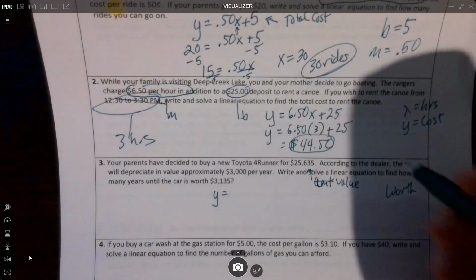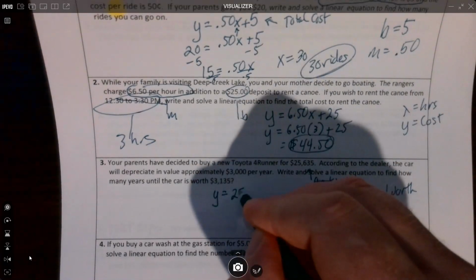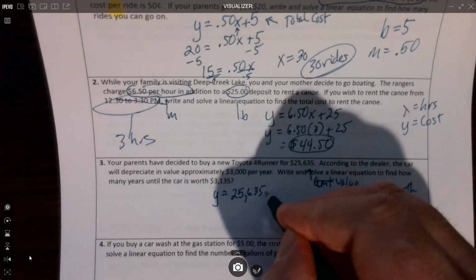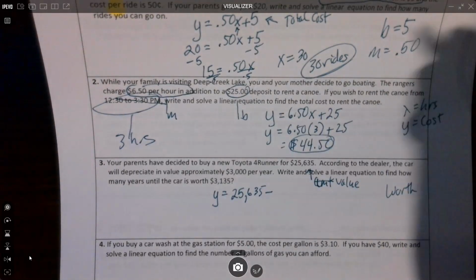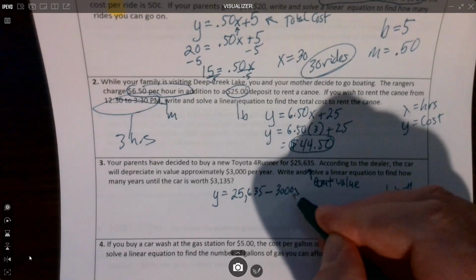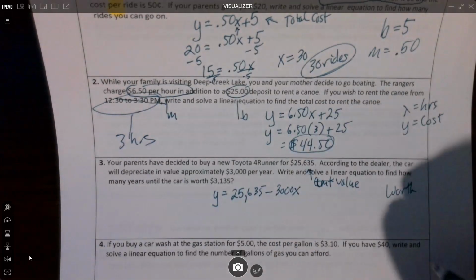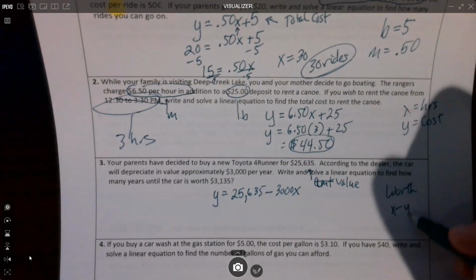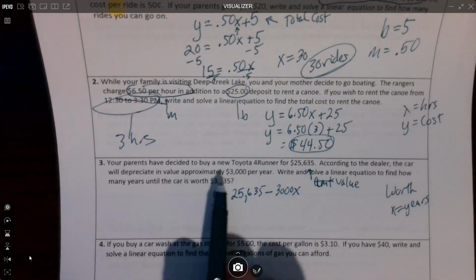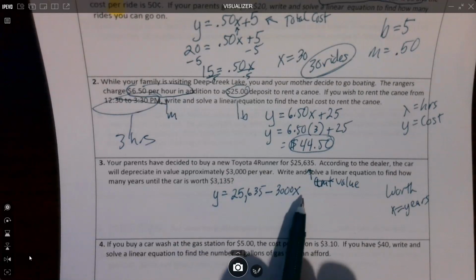So I'll write it that way, and then I'll rewrite it so it looks like MX plus B. So we're taking the $25,635, but we're taking away from it $3,000 per year. Remember, X is years. Just so we know, when you're saying per year, now you know what X is.